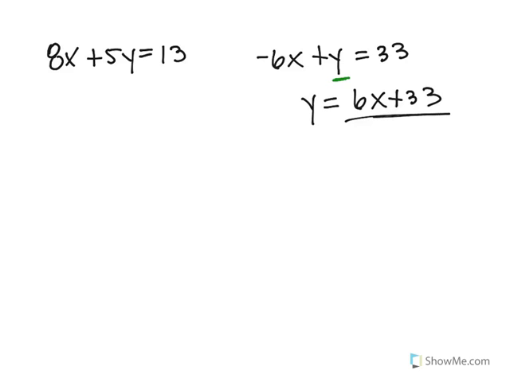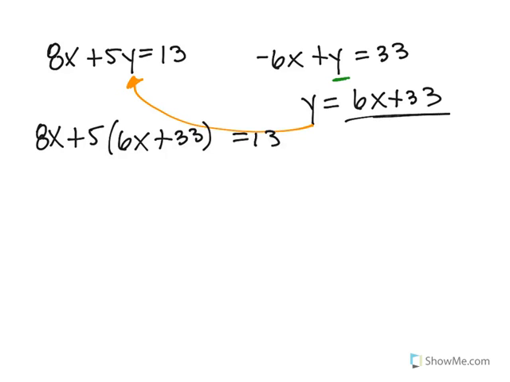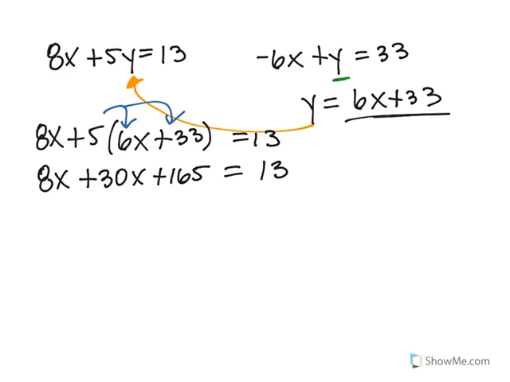You would take 6x plus 33 and plug it in the place of y in the first one. So 8x plus 5 times 6x plus 33 would equal 13. You would do the distributive property, and that would give me 8x plus 30x plus 165 equals 13.